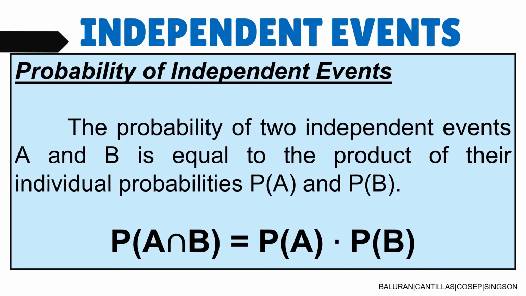So we have P, the intersection of A and B, is equal to P of A times P of B. Or in other words, the probability of the intersection of event A and event B is equal to the probability of event A times the probability of event B.